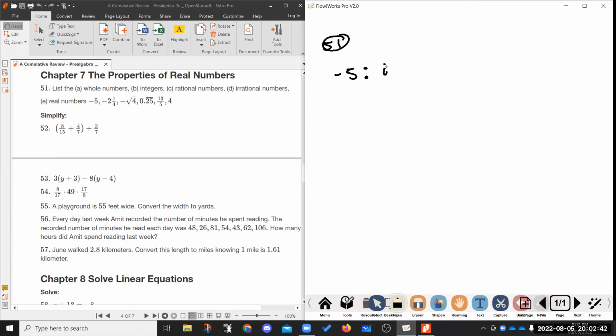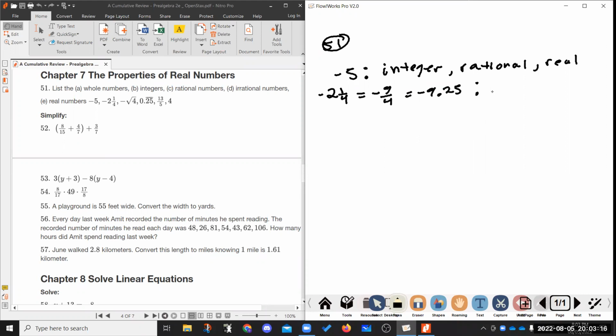It is an integer. It is a rational number. It is not an irrational number, and it is a real number. Number -2 1/4, which could be written as -9 quarters or -2.25, is not an integer.